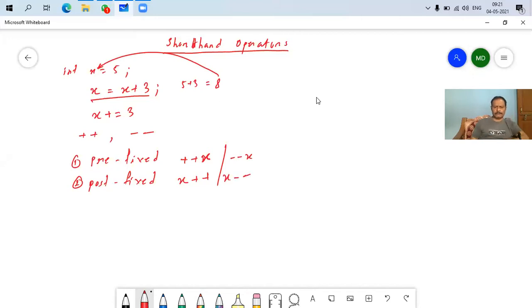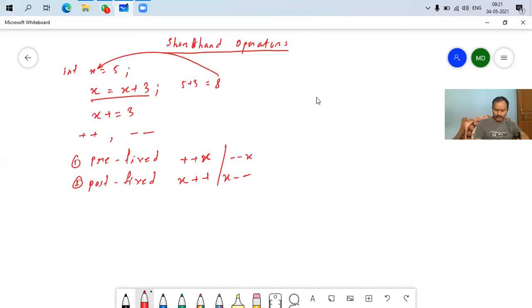In these two cases, the prefix operator's operation is executed as soon as the operator is met.